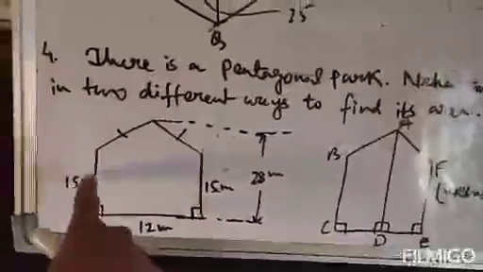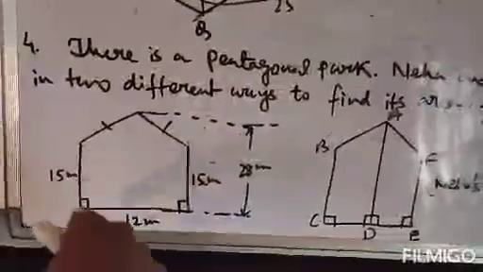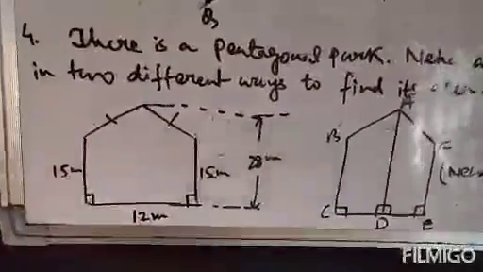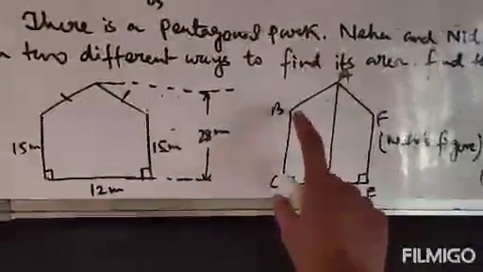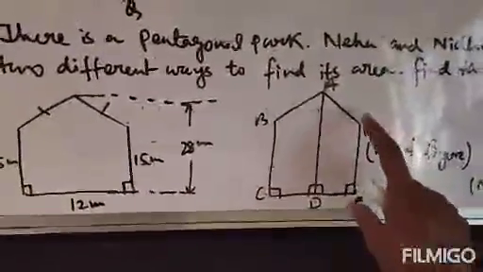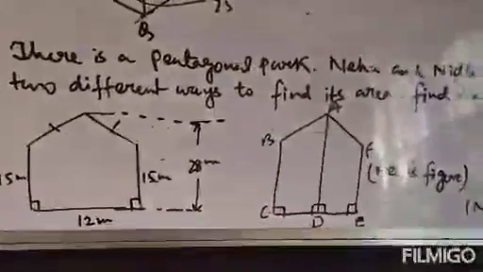Also this is given as 15 meter, and this side is also given as 15 meter, that means BC is 15 and FE is 15 according to this diagram.